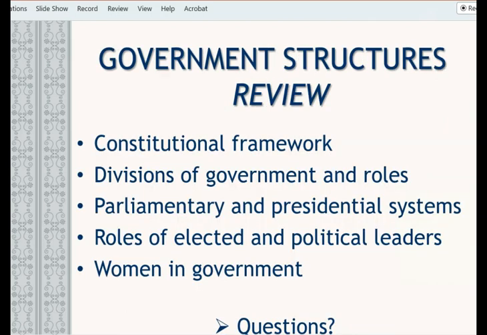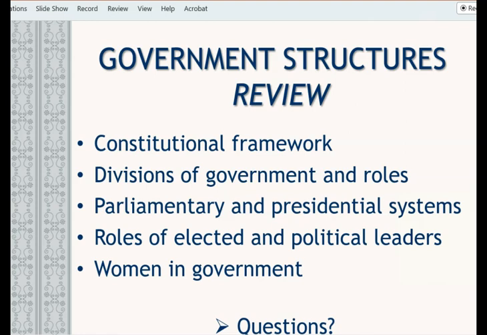So anyhow, this is basically the framework of government, which is rooted in the Constitution, and it outlines the structure of our systems, and how the division of governments and roles and responsibilities are set forth for how we operate as a society. Both exist the same way within both the presidential and parliamentary systems.